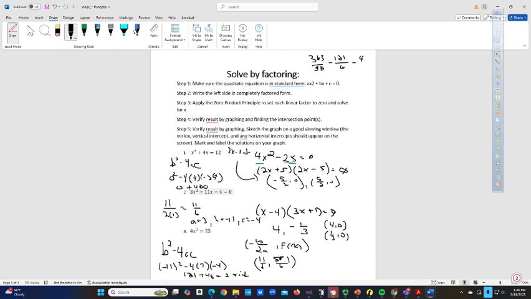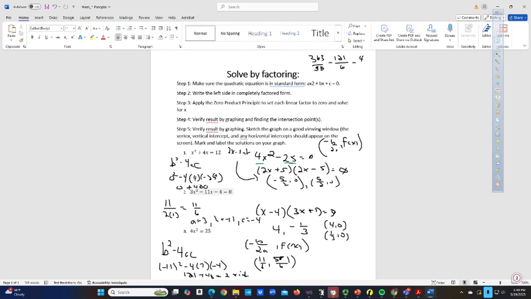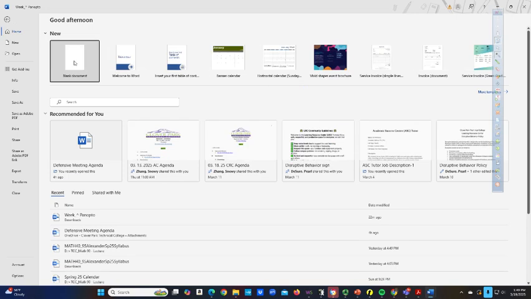Okay, so I think I skipped the vertex piece. Yeah, I did. So let's find our vertex. So our vertex is going to be negative b over 2a, and then the function of x. Let me just go to a clean sheet of paper because this is getting way too sloppy.